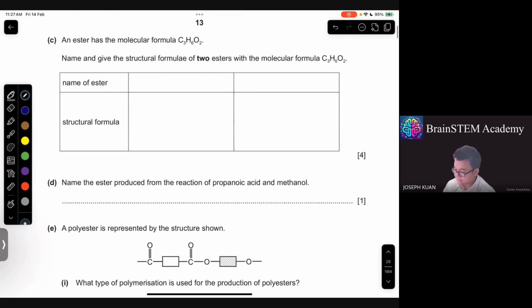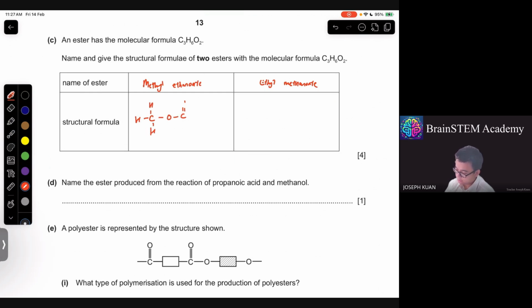Next question. An ester has the molecular formula C3H6O2. Name and give the structural formula of two esters with the molecular formula C3H6O2. So we have two options. Either we have a methyl ethanoate or an ethyl methanoate. So methyl is CH3 followed by an ester functional group, and then this component has 2 carbon.